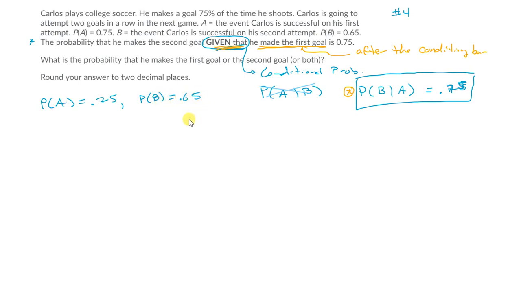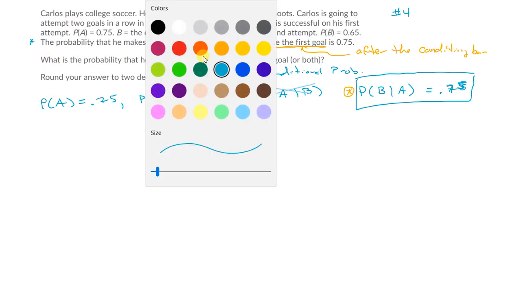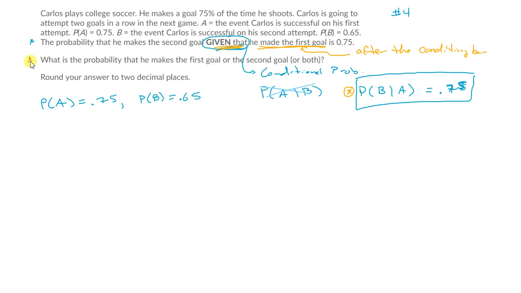Now, what are they asking us for? They're asking us for the or. Or means one or the other or both. So first goal or second goal or both. The both comes along for the ride. When you do A or B, if both occur, that satisfies the A or B criteria.